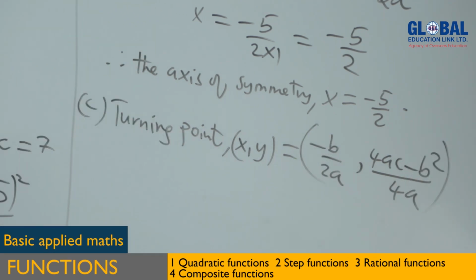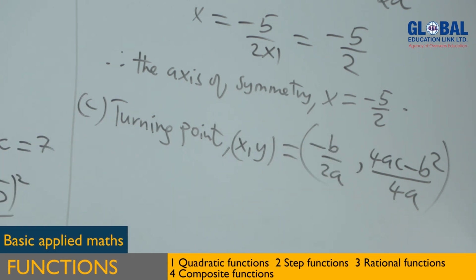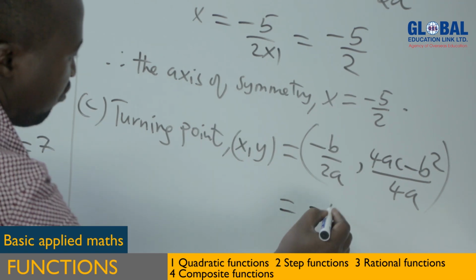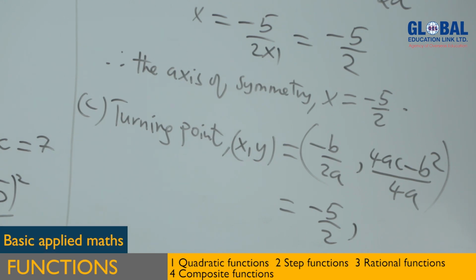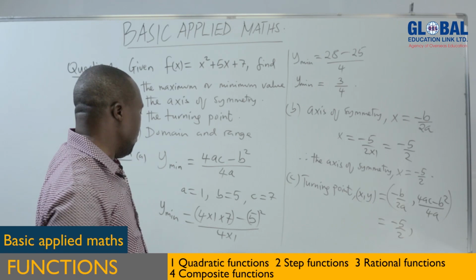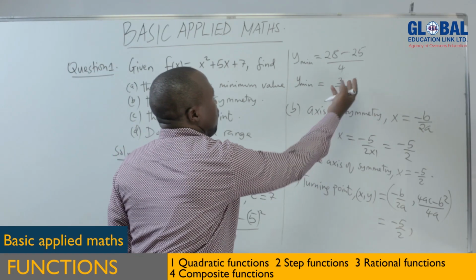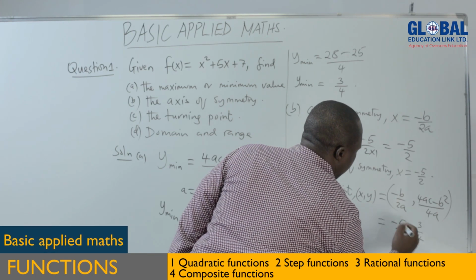But remember, already we have the value of negative b over 2a, which is equal to negative 5 over 2. So this one is negative 5 over 2, comma, then for the second value, y minimum, the value is 3 over 4.